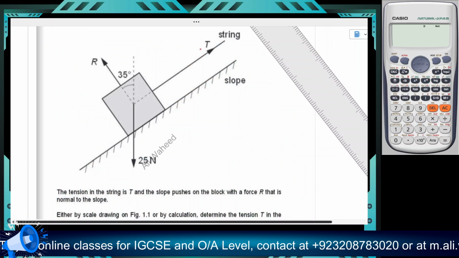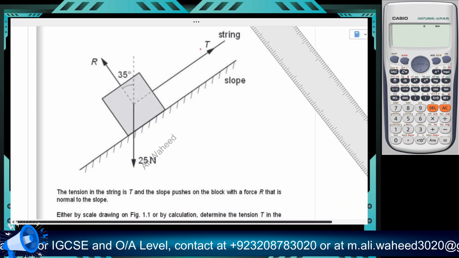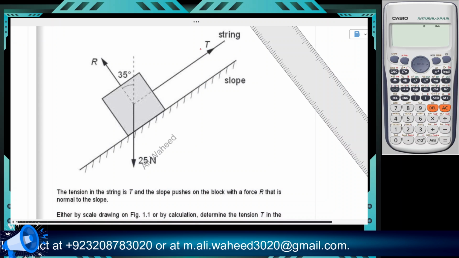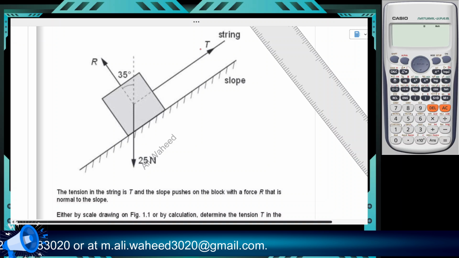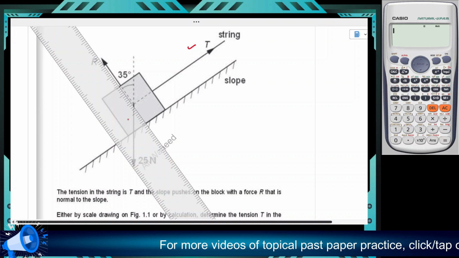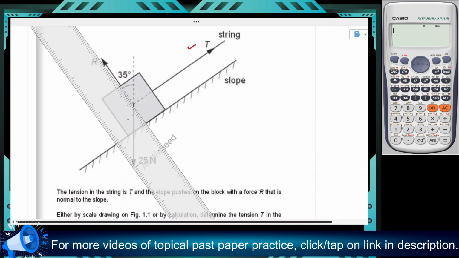So the value of this vector needs to be found out. The easiest thing is, you'll realize that you can extend the same vector. Just for your convenience, I'm going to extend this vector first. I can extend this one over here.